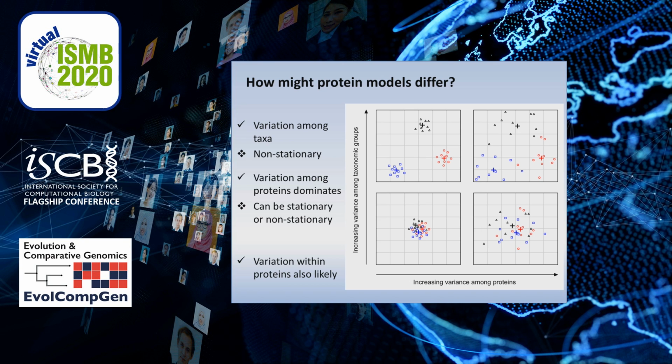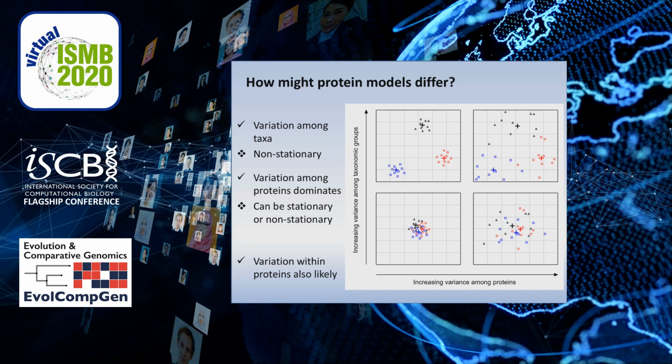And as we increase variation among clades, we see groups of organisms, here defined by colors, separating out. The other axis we can think about is variation among proteins. These are the individual colored dots. And of course, in the upper right, we have high variance among clades, high variance among proteins.